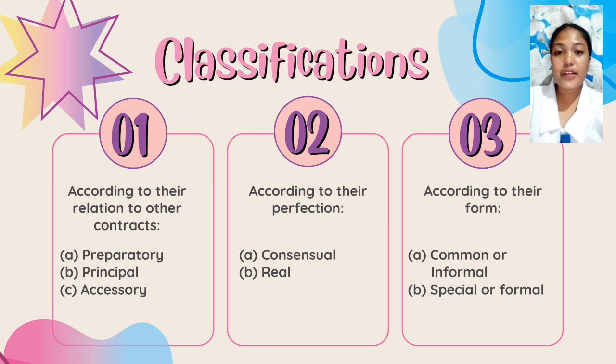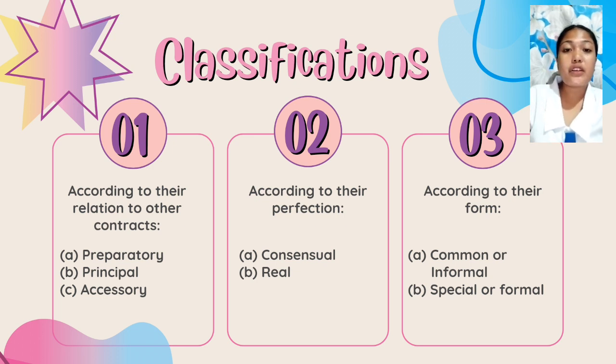So first one, we have here according to their relation to other contracts. First, we have preparatory, or those which have as their object the establishment of a condition in law which is necessary as a preliminary step towards the celebration of another. Examples are the partnership, agencies, common carrier, and insurance.